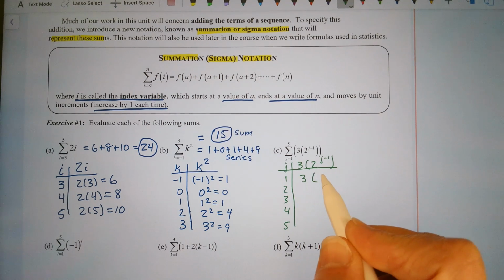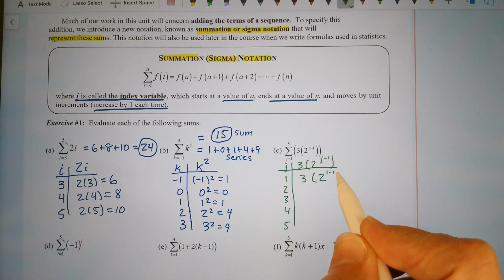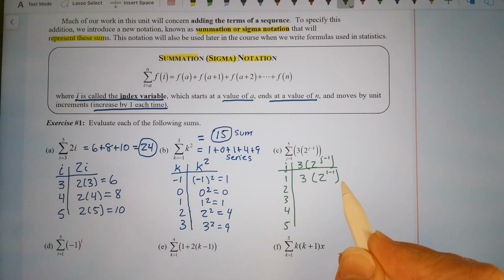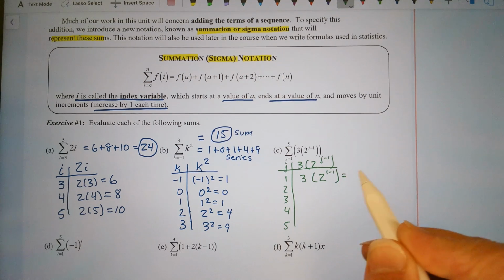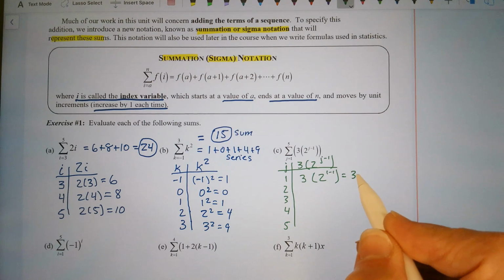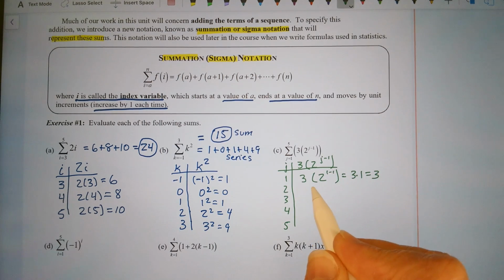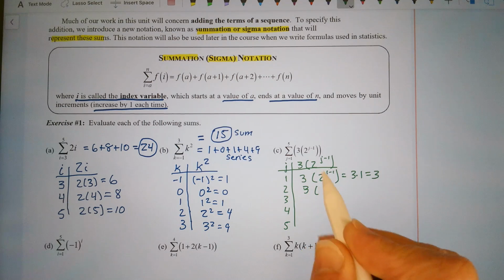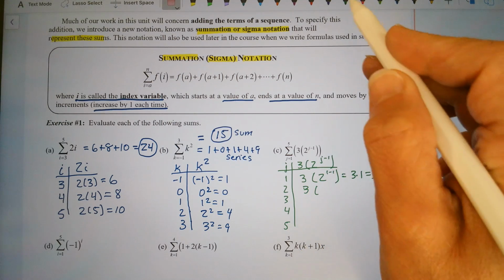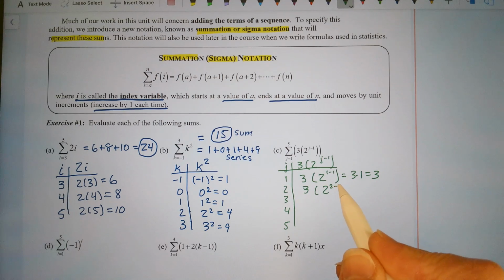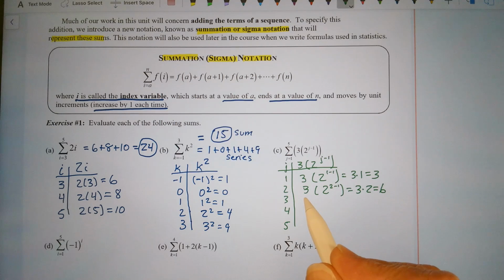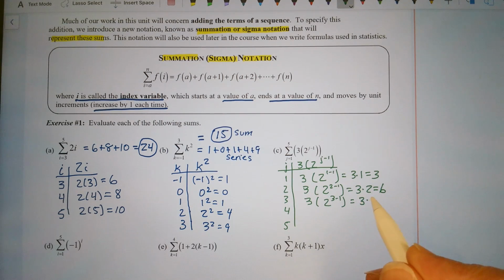So this is 3 times 2 to the power of 1 minus 1, which 1 minus 1 is 0, 2 to 0 is 1, 3 times 1 is 3. Replacing j with 2. 2 minus 1 is 1, 2 to the 1 is 2... 3 minus 1 is 2, 2 squared is 4, times 3, 12.